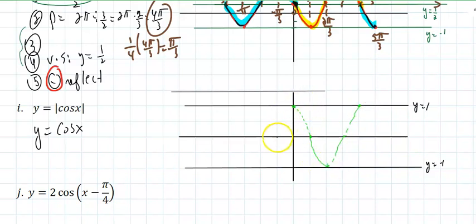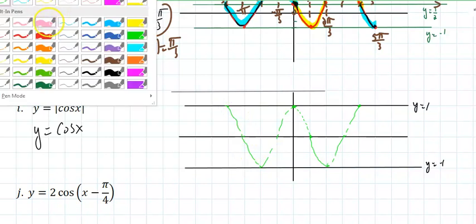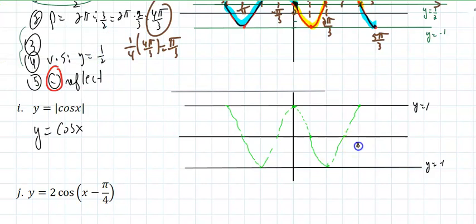I'm just going to use that to figure out what the graph looks like. And the labeling is a must. That's not going to go away. This is 2 pi. This is 1/4 of 2 pi, which is pi over 2, pi, 3 pi over 2, negative pi over 2, negative pi, negative 3 pi over 2, and negative 2 pi.